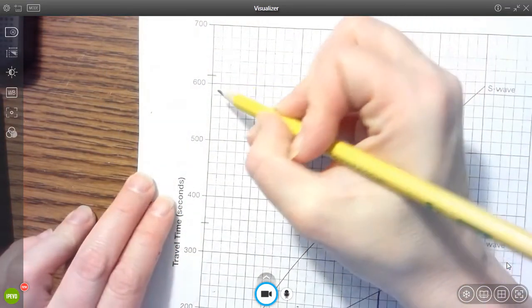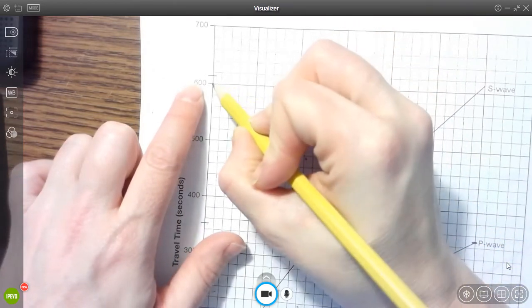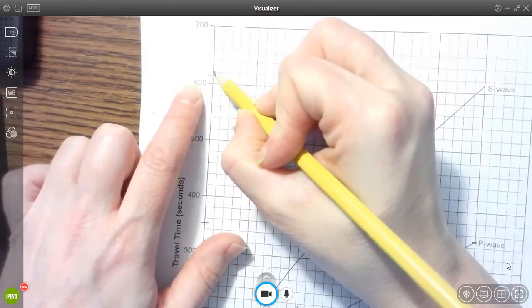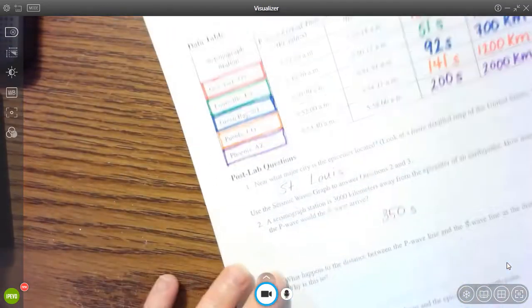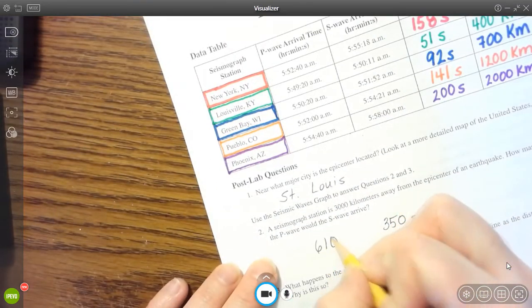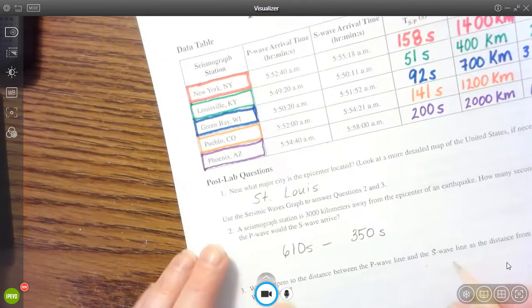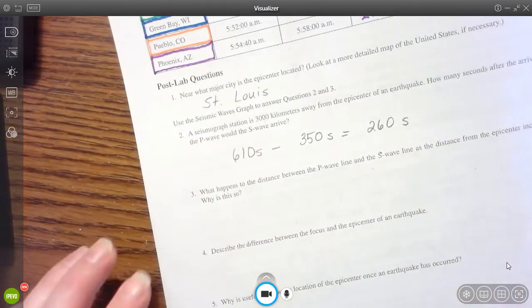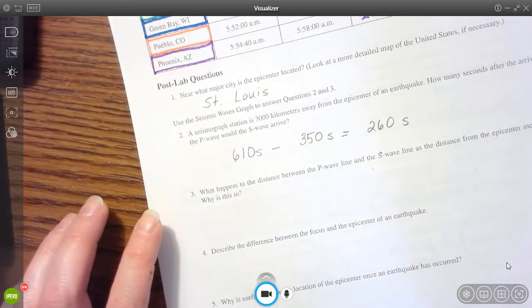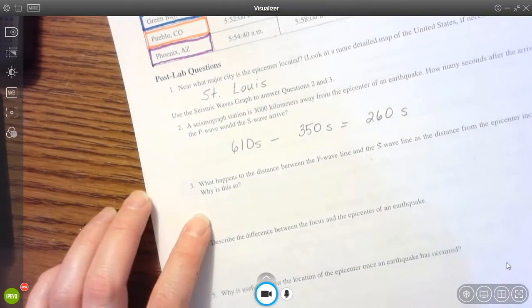And let's see, there's 600, that's 620. Just to keep things easy, I'm going to call that 610. So 610 seconds minus 350 seconds is 260 seconds. That is the lag time in between the P wave and the S wave if you're 3,000 kilometers away.